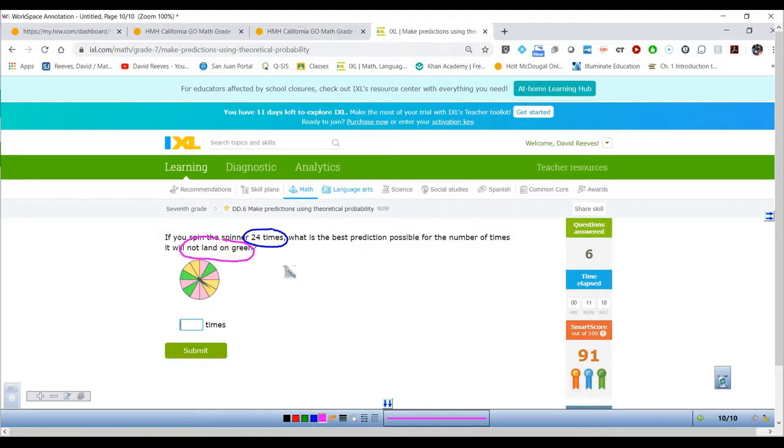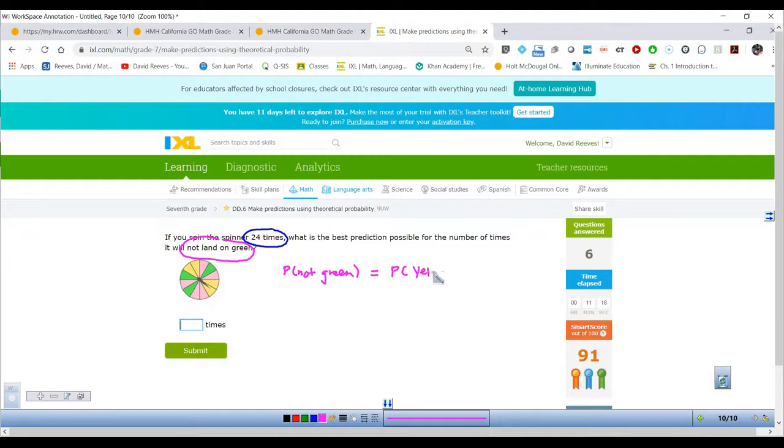So let's find the probability of not green. The probability of not green. Well, the probability of not green is going to be the same as the probability of what? Which ones are not green?